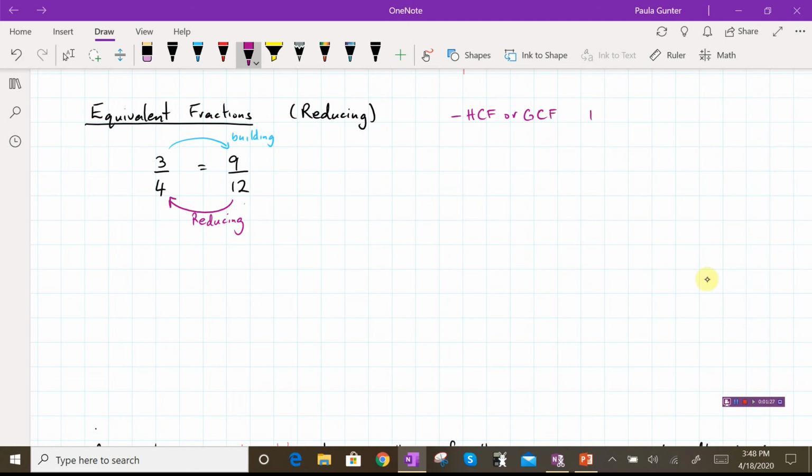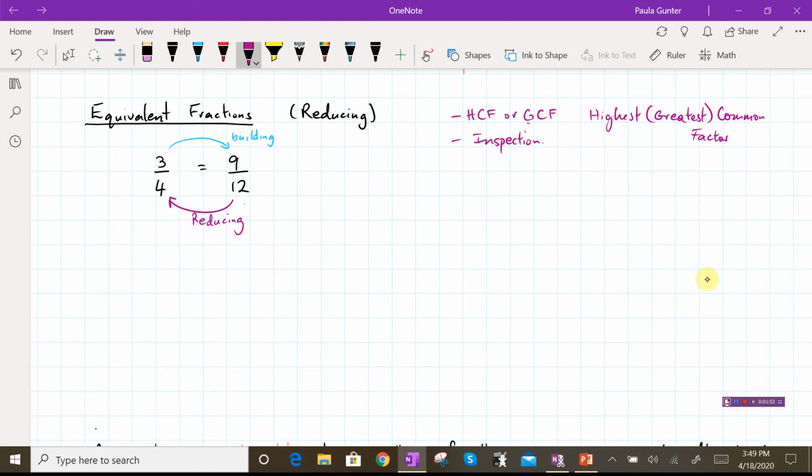HCF means the highest common factor, and some people use the word GCF, so that would be the greatest common factor. And then the second way will be by inspection, and we will look at some examples as we go through.